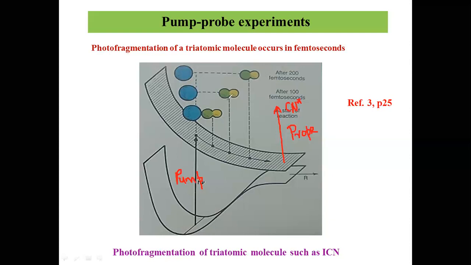So this is the way Professor Zewail first tried to do real time femtosecond chemistry and try to trap the transition state, right? So this is a schematic diagram just to let you know how the pump-probe experiments are going to be set up.